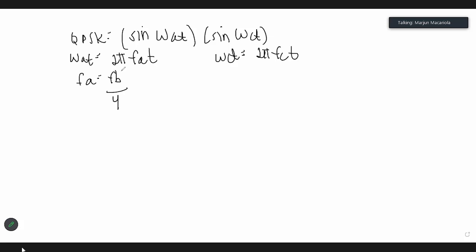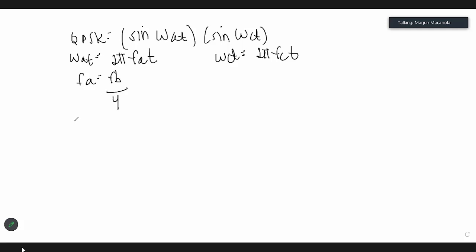But when finding it for BPSK, you divide the input bitrate by 2 because that is BPSK. But in QPSK, you divide the input bitrate FB by 4. Okay? So this is the modulating signal and this one is the carrier signal. So kaya nga FC, frequency carrier.